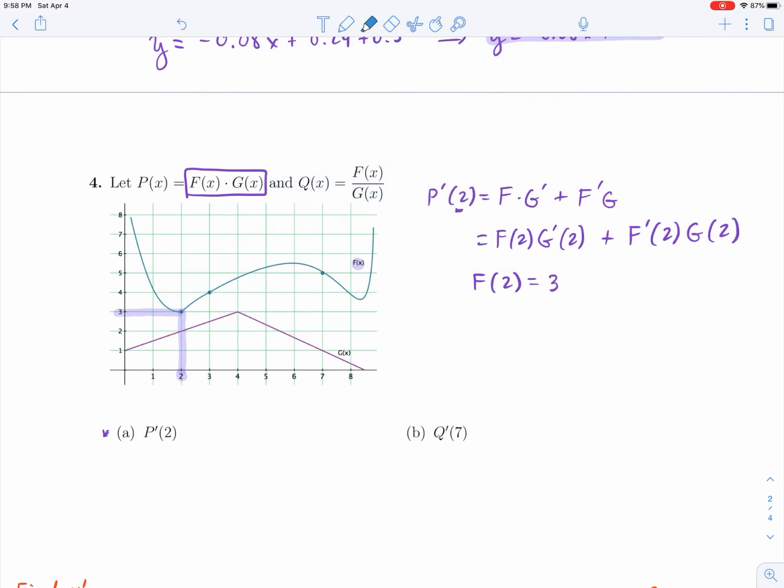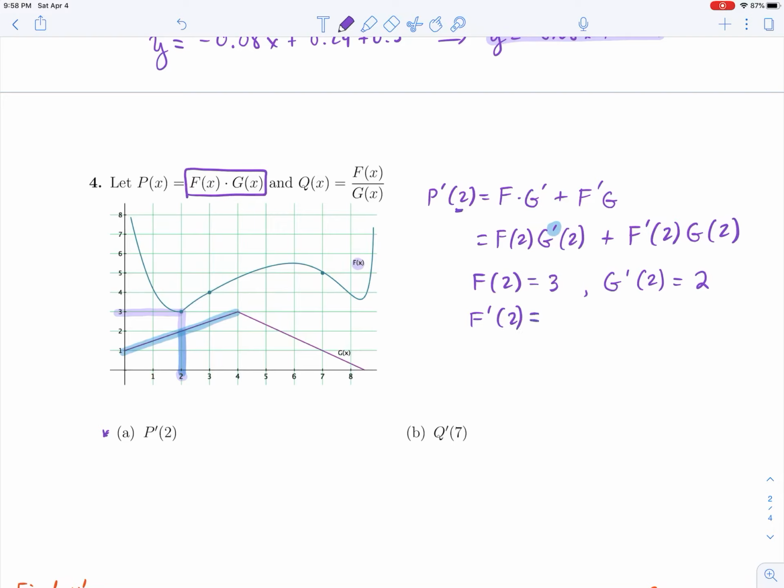Well, g prime means the derivative. Now notice g at 2 is linear, and so we can find what g prime is by looking at the slope of this line right here, and it's going up 1 over 2. So g prime evaluated at 2 is just 2.